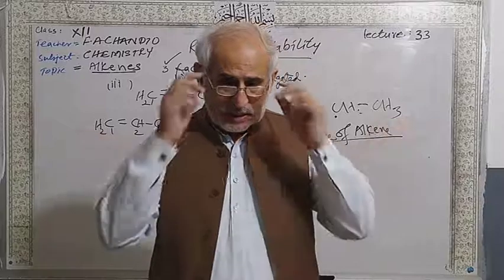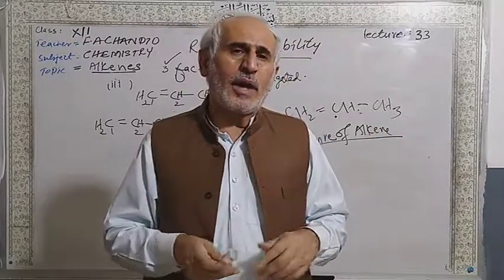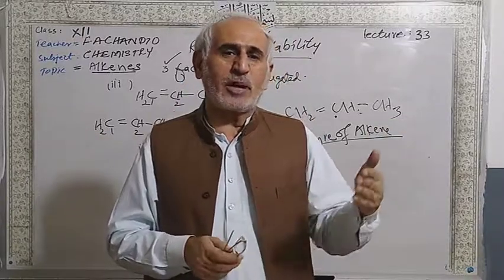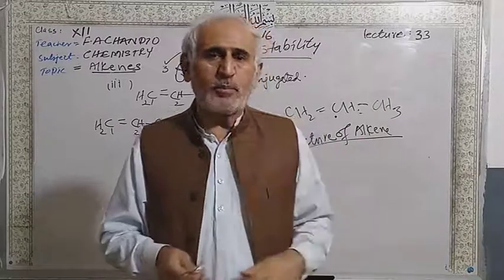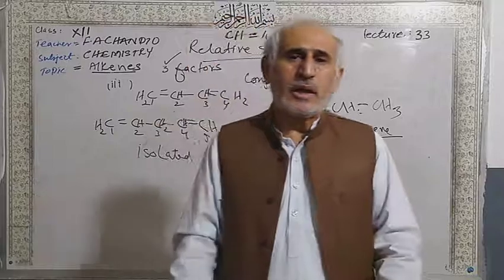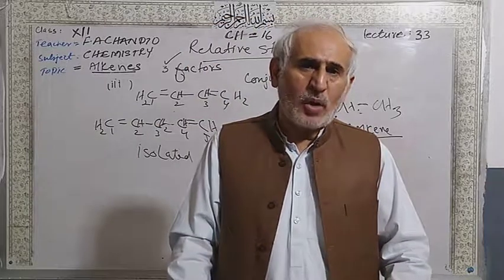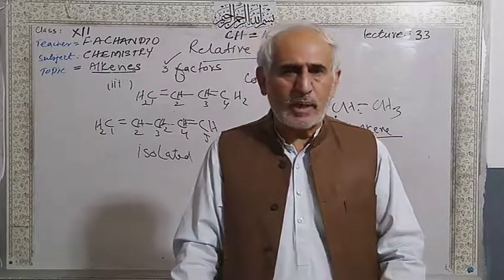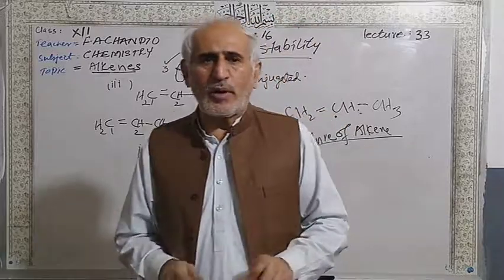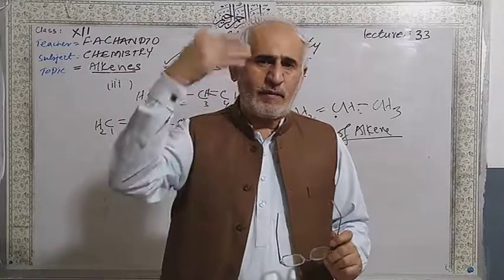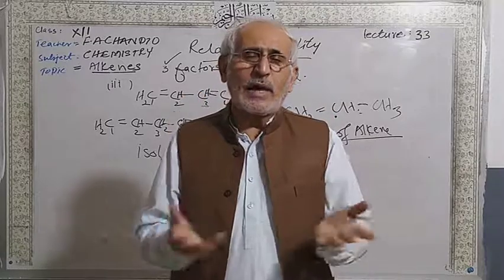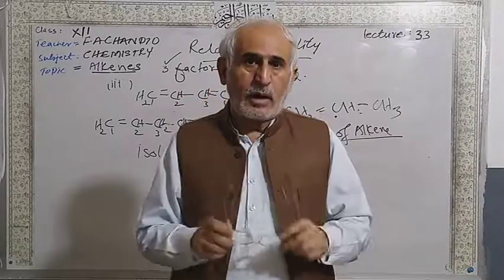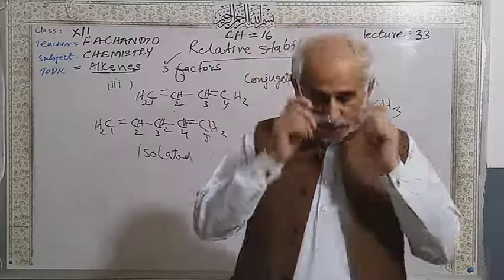So the hybridization also affects the distance, which we call bond length or internuclear distance, between the carbon-carbon atoms. In a double bond, one sigma bond is there and one pi bond is there, due to the overlapping of the unhybridized atomic orbitals.